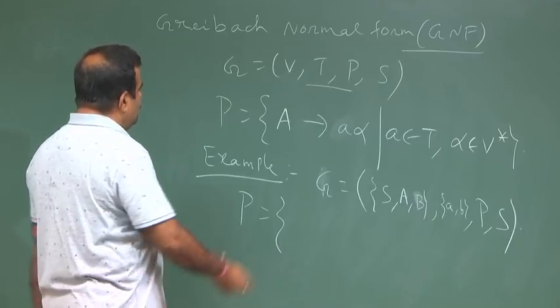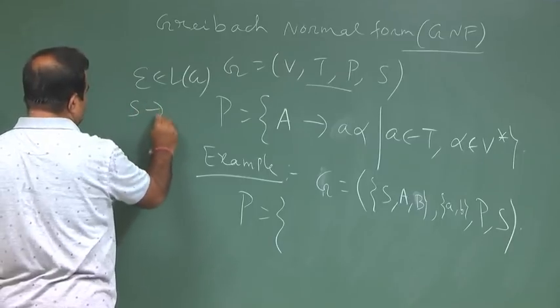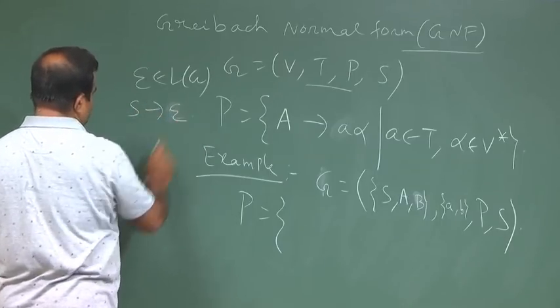Again, if epsilon belongs to L of G, then we have a rule S going to epsilon.